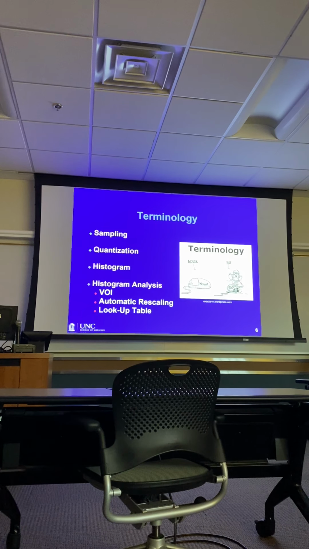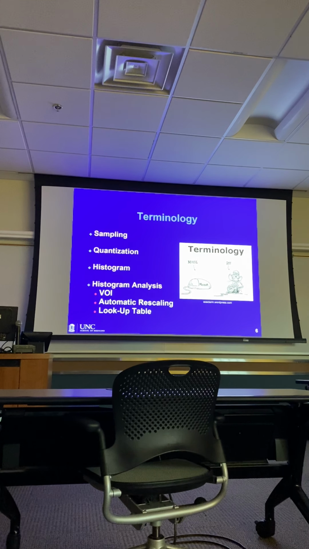All right. As far as terminology is concerned, some of these things you already know. Sampling, quantization, we'll talk about histogram analysis here. But sampling, just as a reminder, means that the system is doing what to the data? What is sampling?